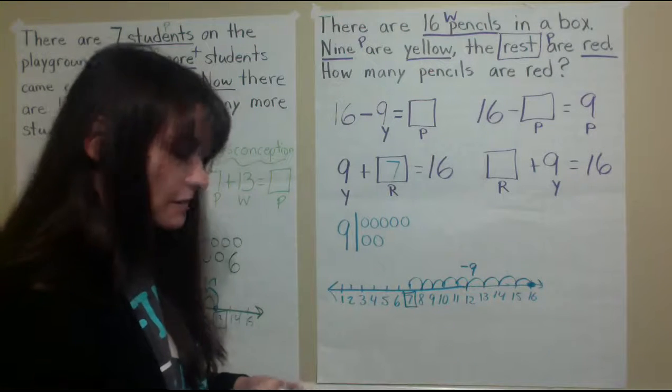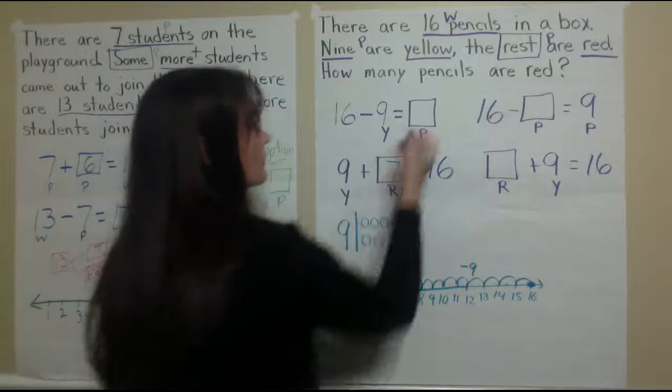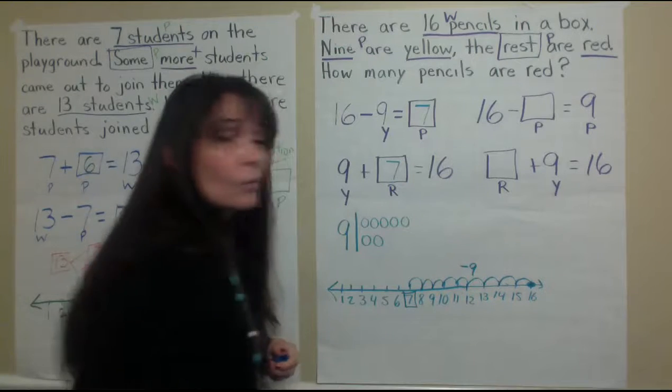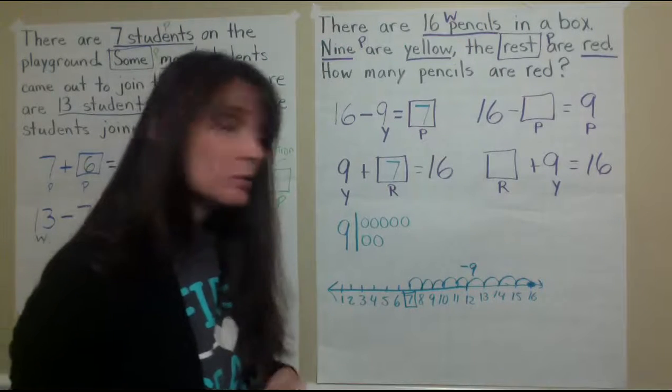Another strategy that I saw someone using was their part whole or their number bond.